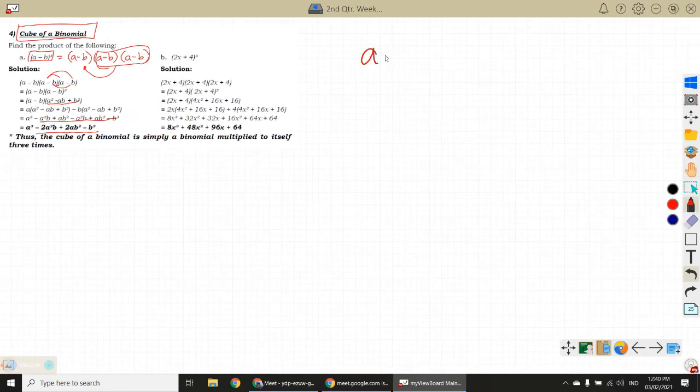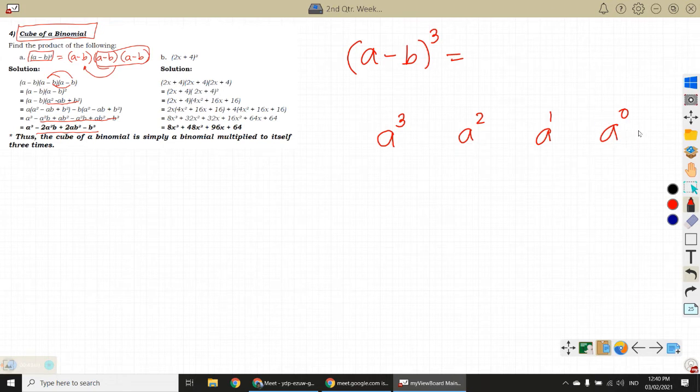So, we have a minus b cube. Okay, ito, technique ko to simula pa nung college. So, a cube, a squared, a raised to 1, a raised to 0. So, kung titingnan ninyo, yung sagot natin, pababa ng pababa yung exponent. So, this is for the value of a. Ayan. And then we have b.